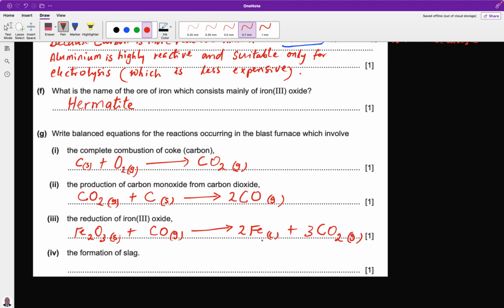There is one here, so we need to put a 3 here. Let's say iron balanced. The other one is balanced.